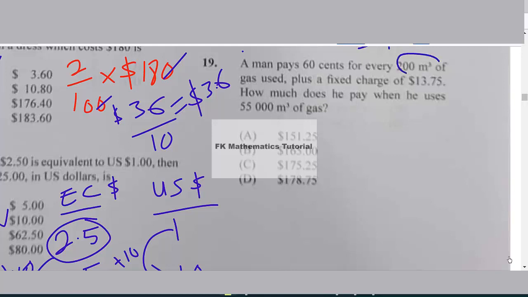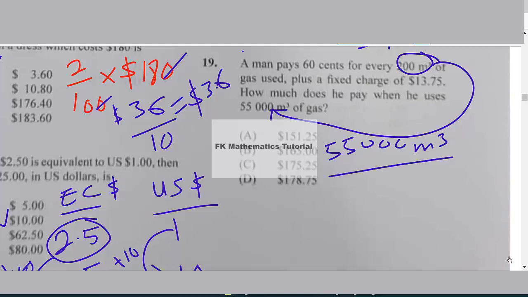So we need to figure out how many 200 meter cubes of gas are in 55,000 meter cube. So that will be 55,000 divided by 200.